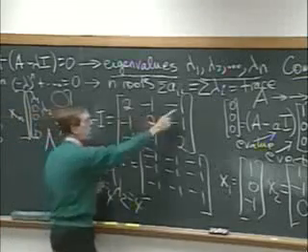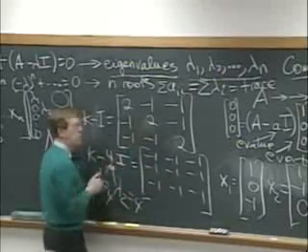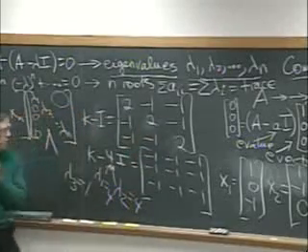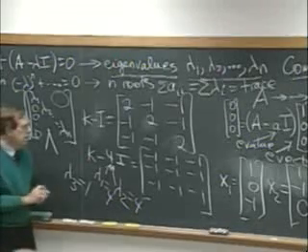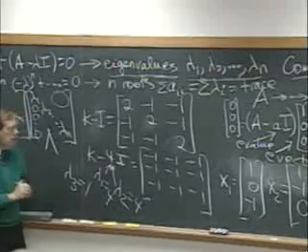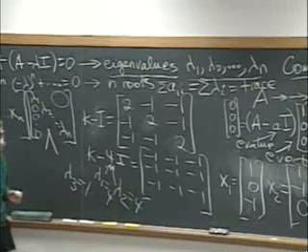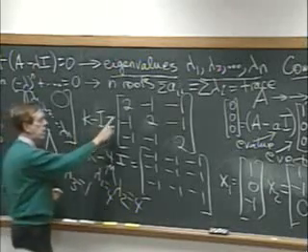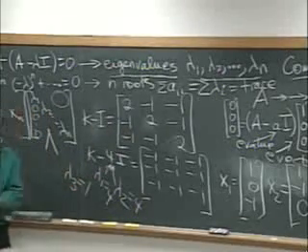So we have that row and that row are independent, and that row is dependent on those because all 3 of the rows add up to the 0 row. Right. Okay. So what was I going to say? Okay. So K was a symmetric matrix to start with.